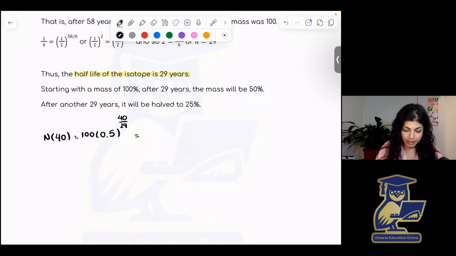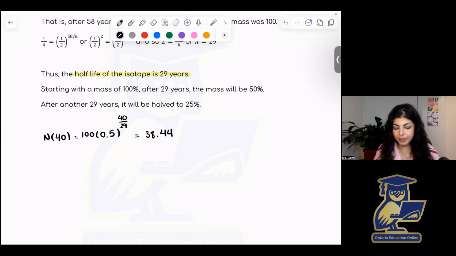And if we solve this, you will get 38.44, and this will be approximately 38% of the population. And that makes sense, right?